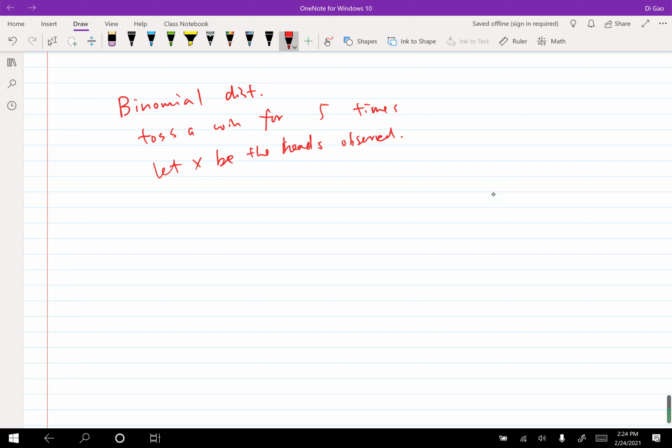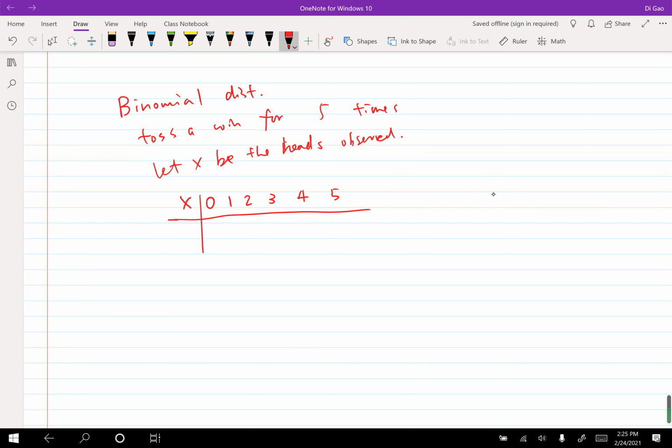If we toss a coin 5 times, we possibly have all 5 tails, so we can have no heads, which is 0. We can have 1 head and the other 4 tails, or 2 heads, 3 heads, 4, 5. But we can never have 6 heads because altogether we toss the coin only 5 times. So those are the possible values for x.